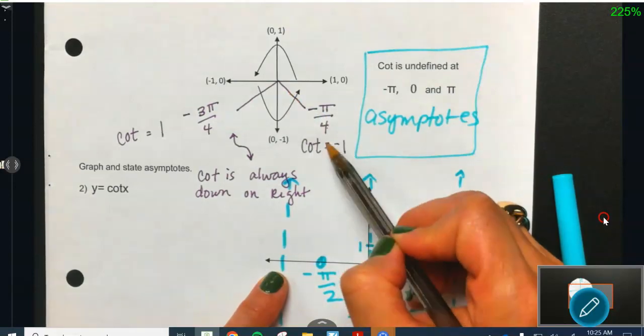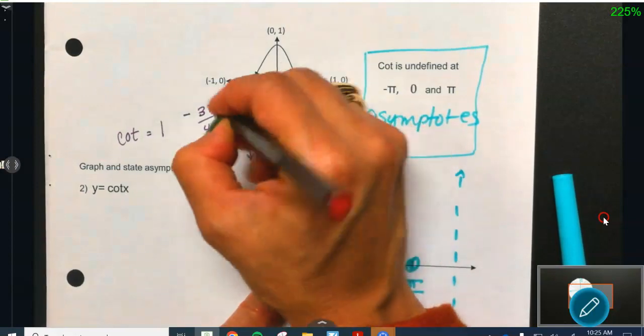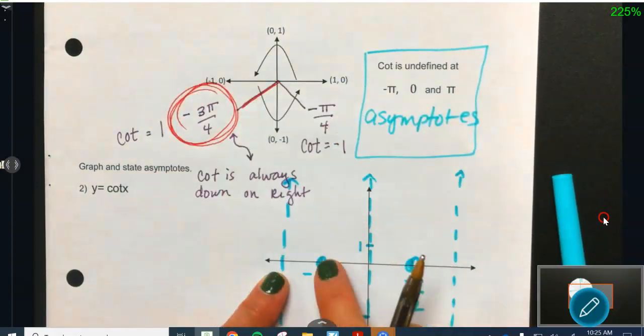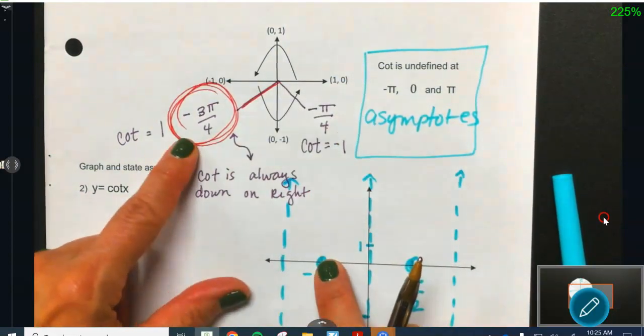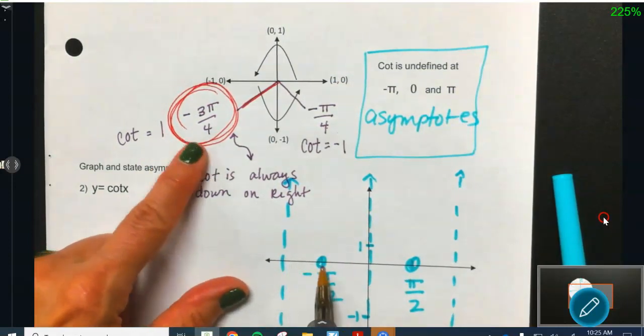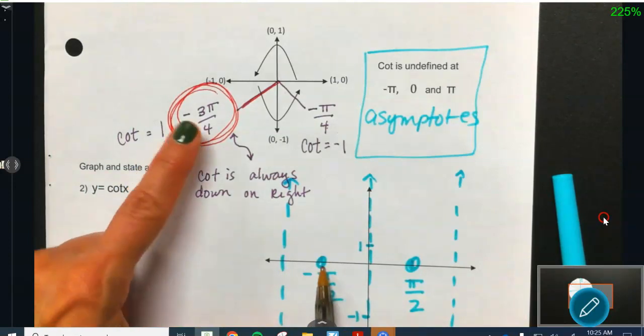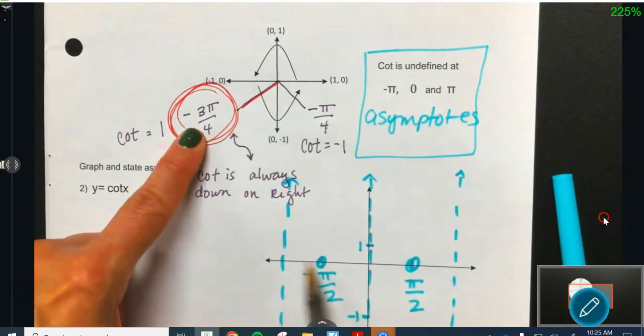So negative pi over 4, also thinking about negative 3 pi over 4. What is negative 3 pi over 4? It's a positive 1. See how it's negative 3 pi over 4?